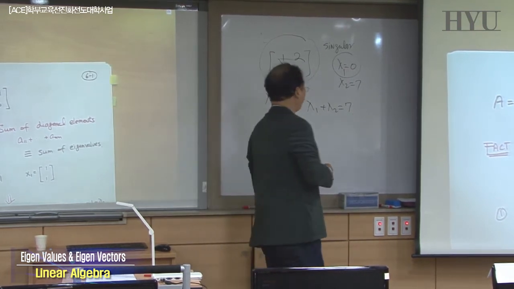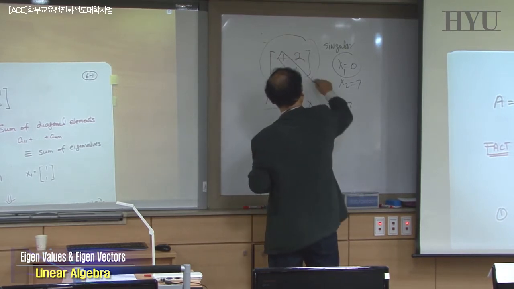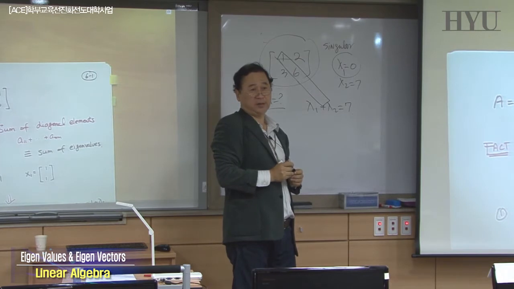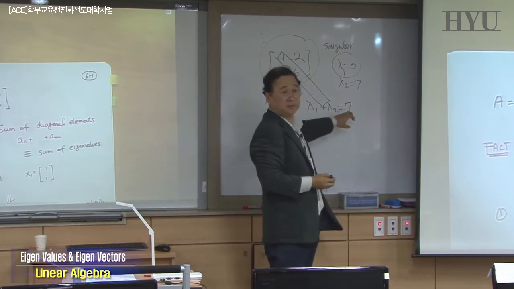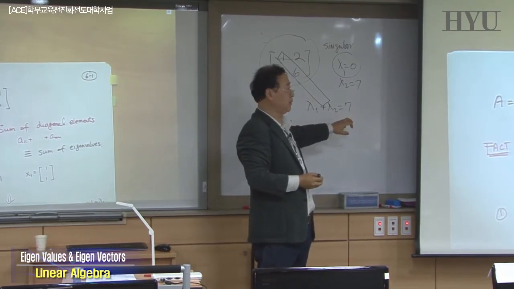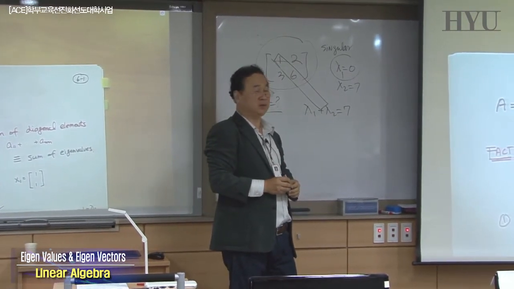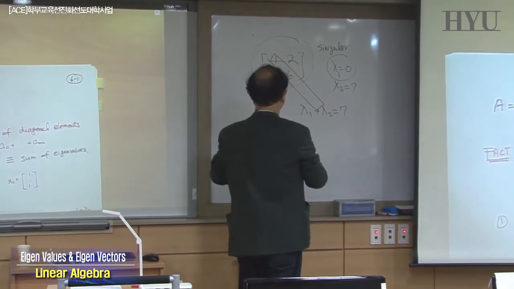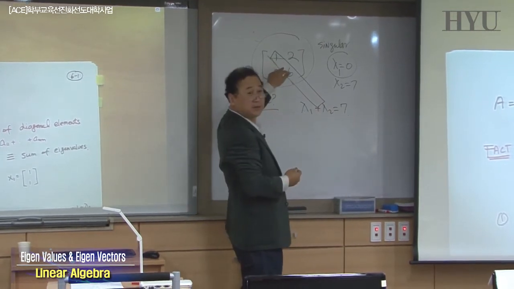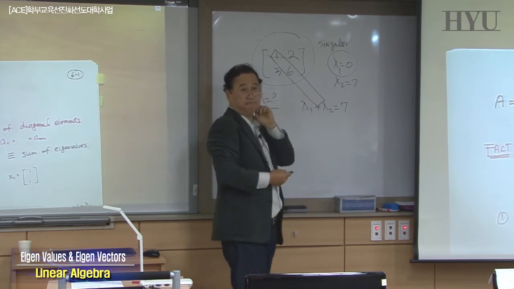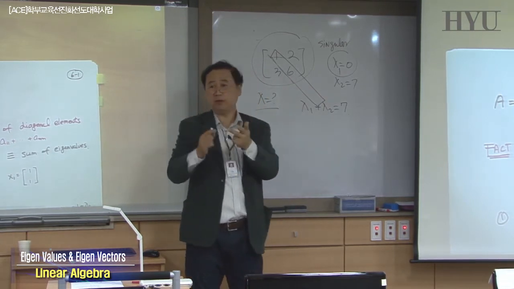Yeah, so trace is the sum of these diagonal entries. Okay, trace is the sum of the diagonal entries. No, you don't have to be symmetric. Just diagonal. This is not symmetric, right? So sum of these. Okay. So we learned 2 properties.